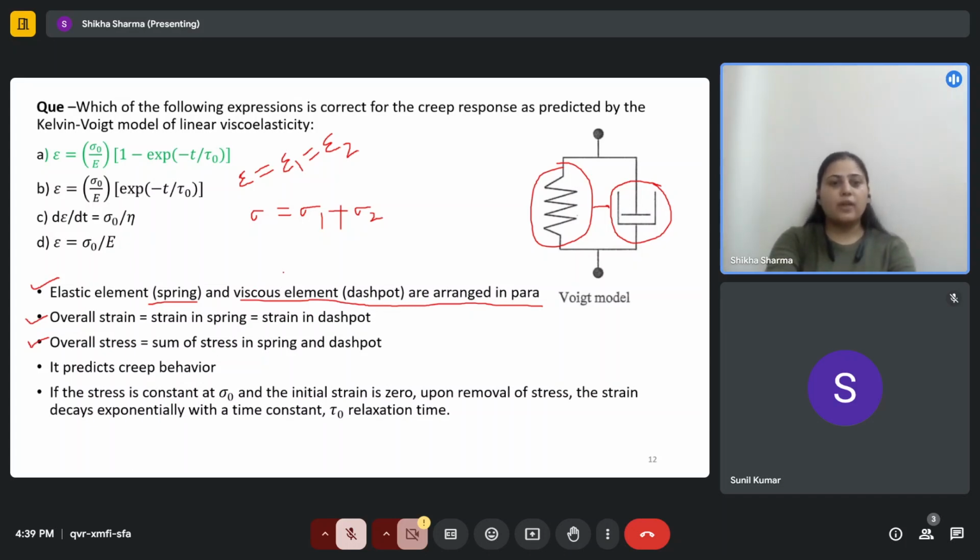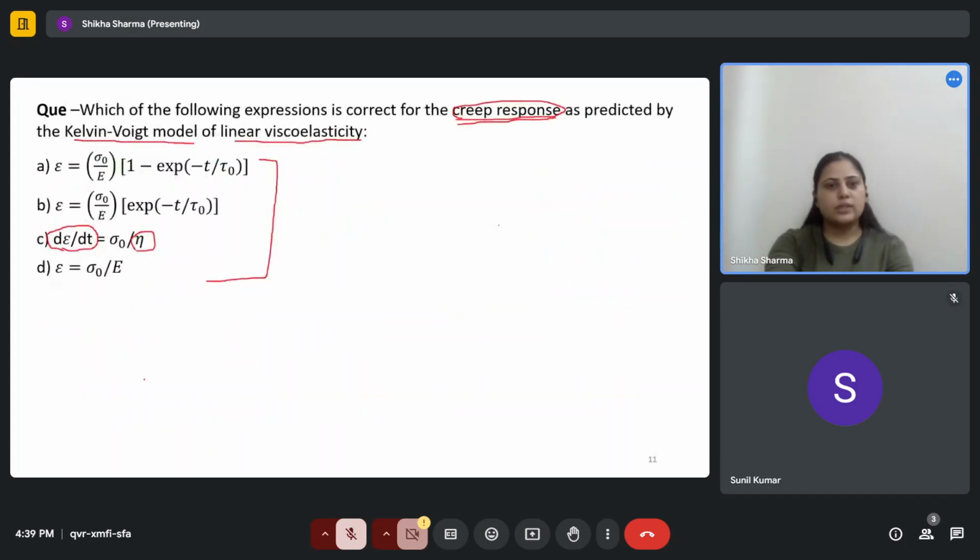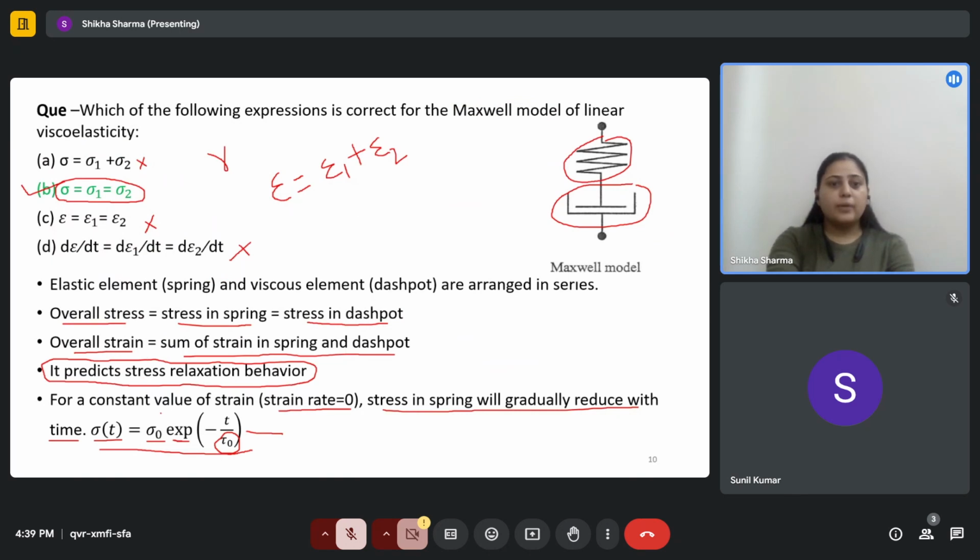And then in the Kelvin-Voigt model, what happens? It predicts the creep behavior well, whereas it gives a poor prediction of the stress relaxation. In the Maxwell model, as we discussed previously, it predicts the stress relaxation behavior well, whereas it poorly predicts the creep behavior.